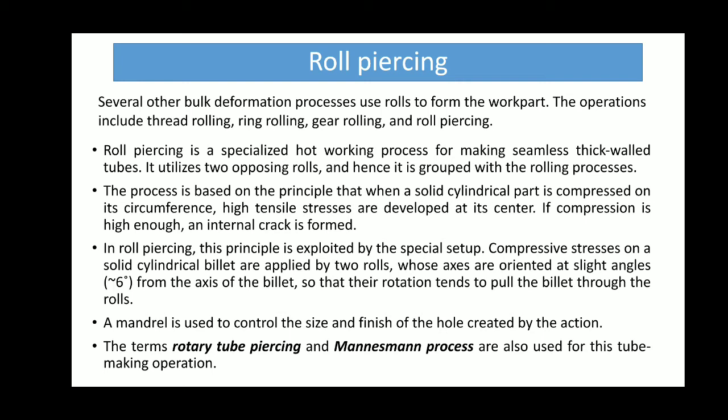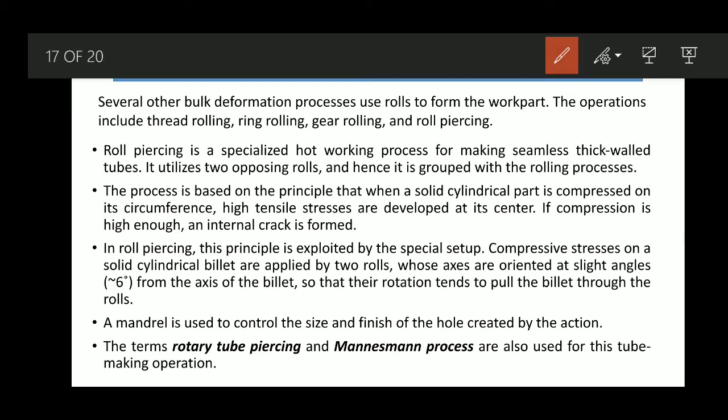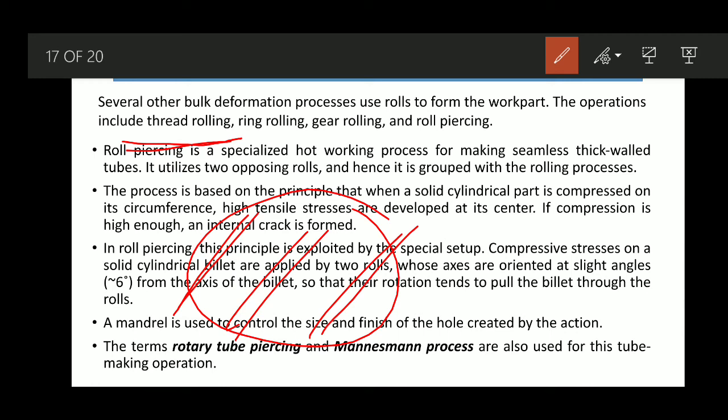The operations we can do using different rolls include thread rolling, whereby by the rolling action of two rollers, both the rolls will have the required thread profile cut on them, and we'll be rolling the work material in between. The compressive force will be there, and based on the profile or shape given on the rolls, we'll achieve the required thread profile on the workpiece.